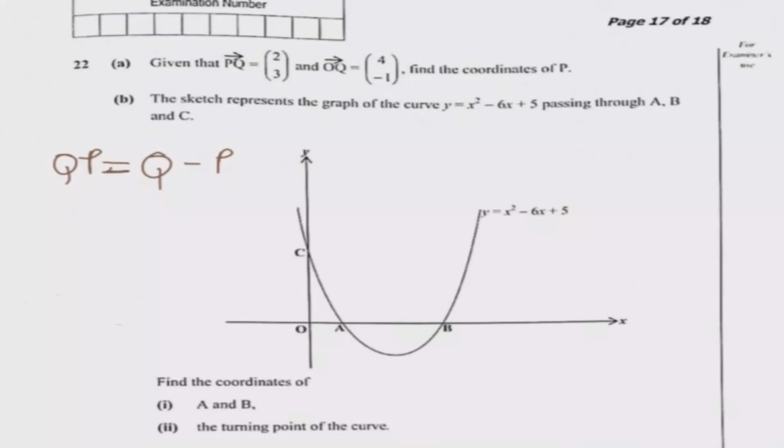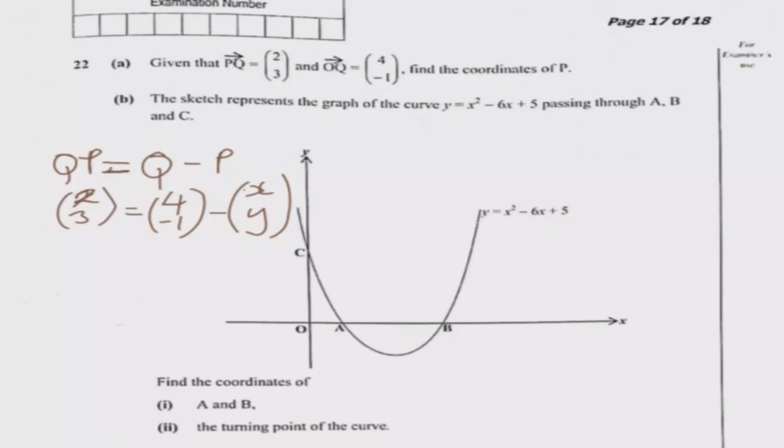We have QP, that is (2, 3), which is equal to Q, the vector (4, negative 1), minus P. We are not given P, it is what we want to find, so we say (x, y).